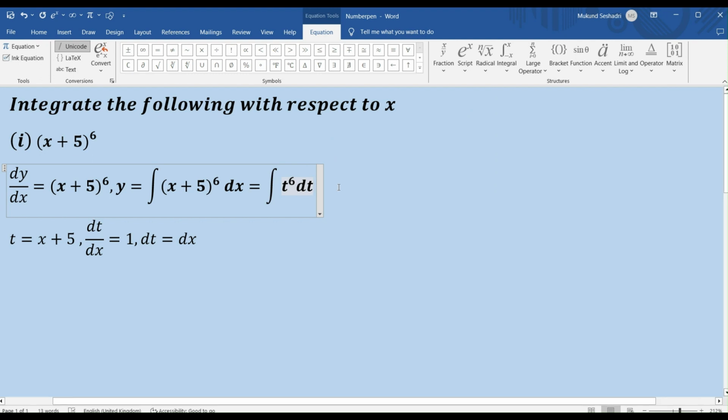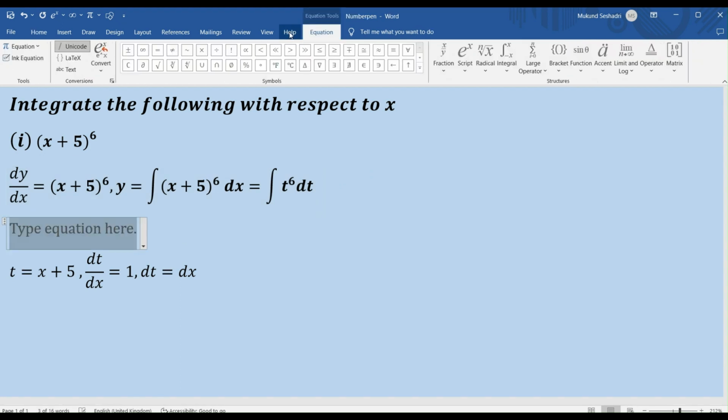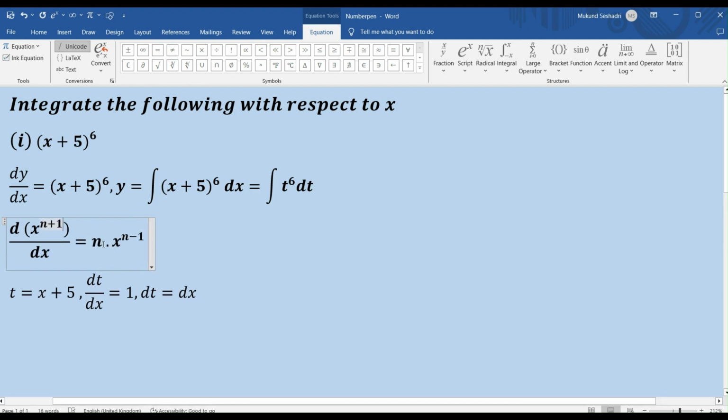And I want you to recall, we have done this in our first video under integral calculus. When I replace my n by n plus 1, I get d by dx of x to the power n plus 1 is nothing but n plus 1 times x to the power n, right?